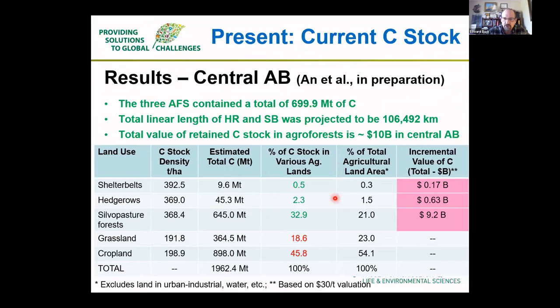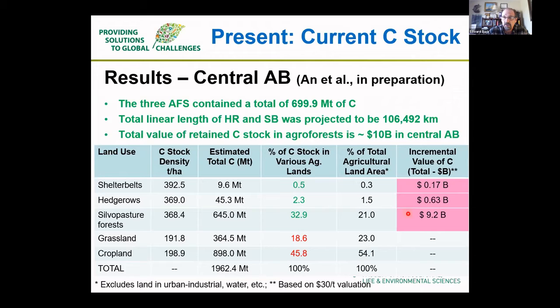And again, if we do this calculation, so these numbers are all the same, but we now extrapolate it across the 9.5 million hectares, we can calculate roughly what this carbon is worth, and it's quite shocking. In fact, you'll see that using that $30 per ton valuation, the value of that carbon across the larger region is somewhere around $10 billion.